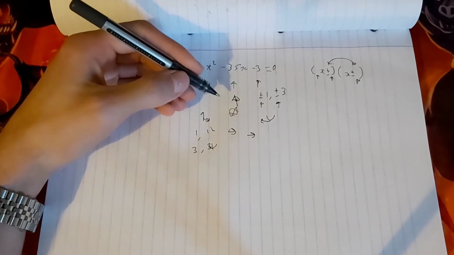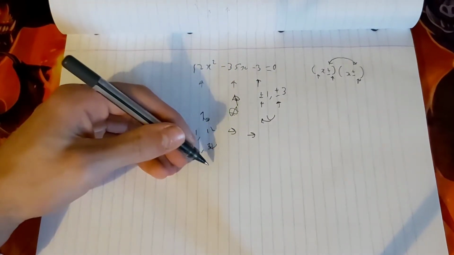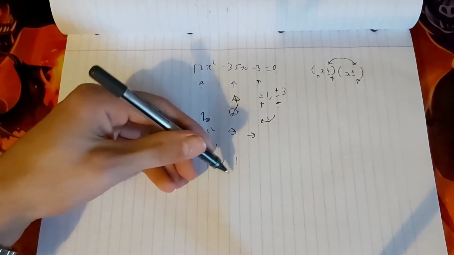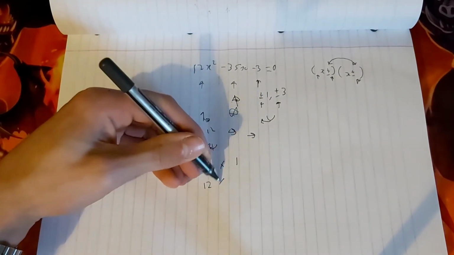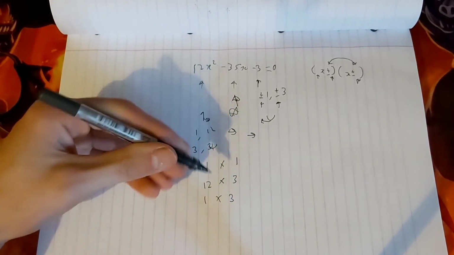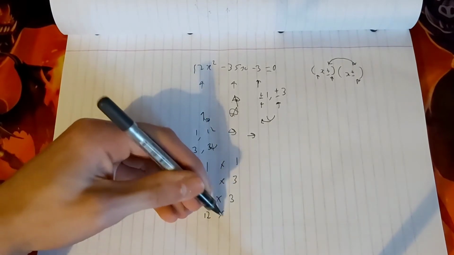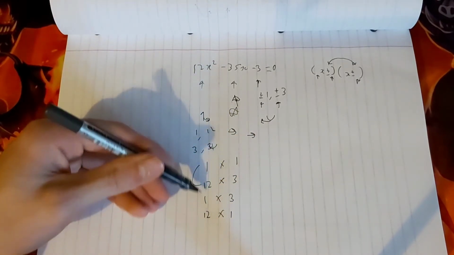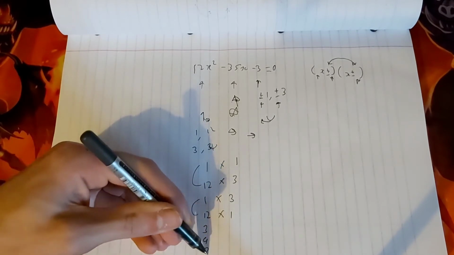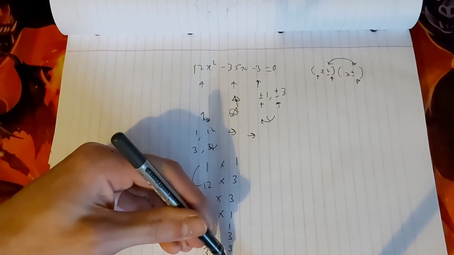Okay, let's do a little bit of trial and error, just because we don't know how to do anything, do we? Okay, so 1 times by 1, and 12 times by 3, 1 times by 3, and 12 times by 1. And then we've got 3, 4, 3, 4, 1, 3, 3, 1.